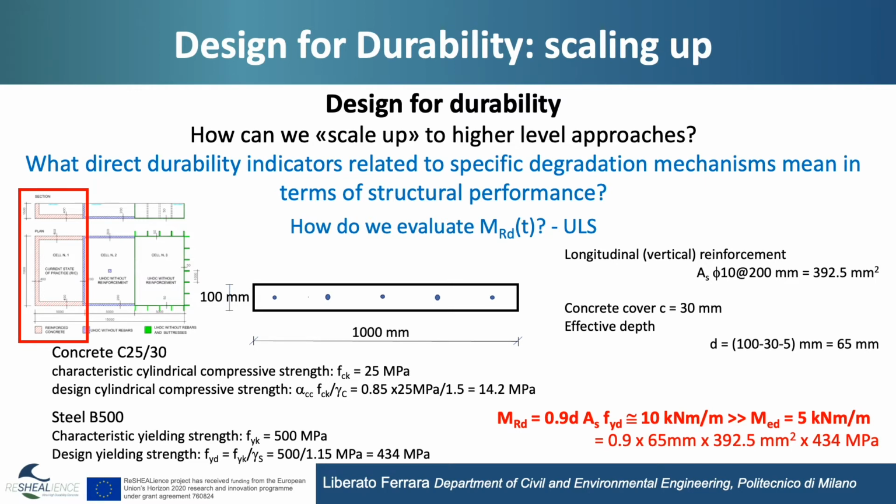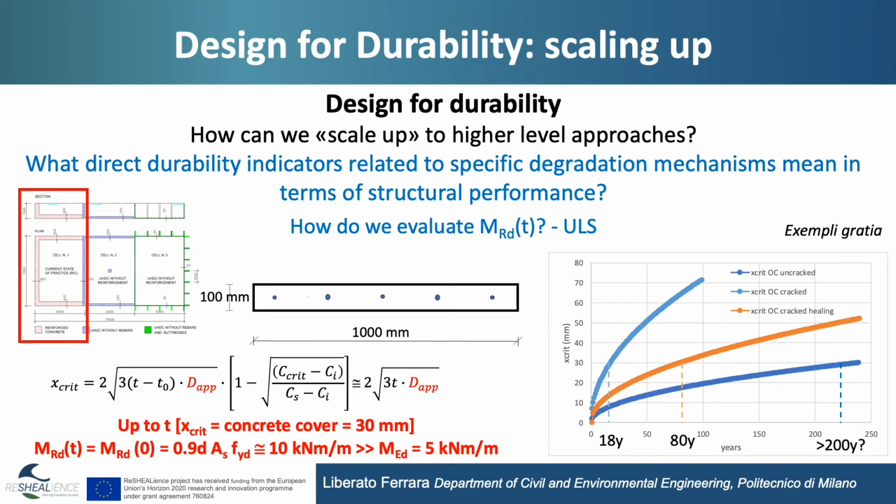Now we want to embed into this algorithm the degradation model. So let's start first from chlorides. Let us use the solution of the problem, in terms of critical penetration depth, depending on the different values of the apparent chloride diffusion coefficient.